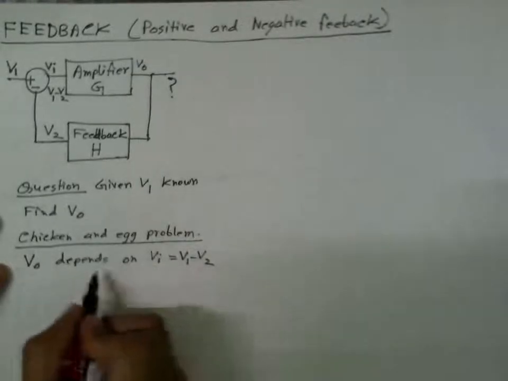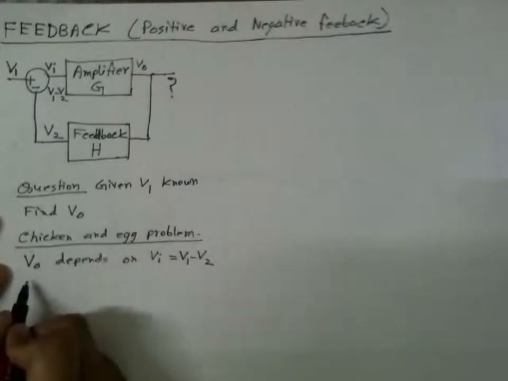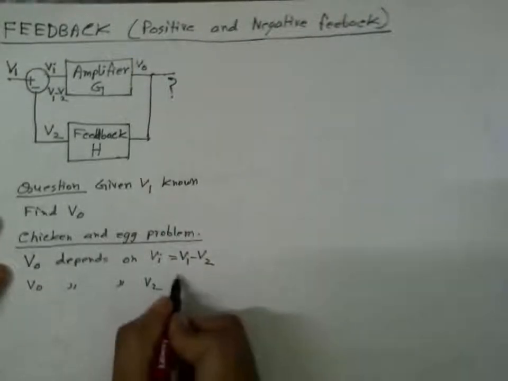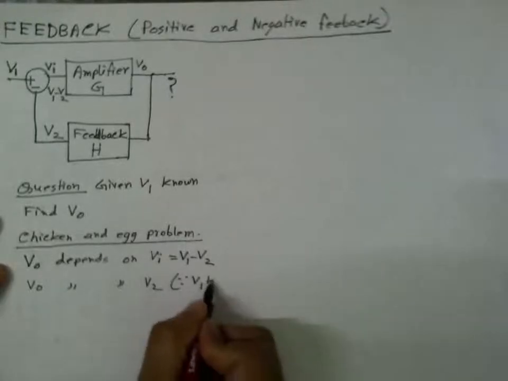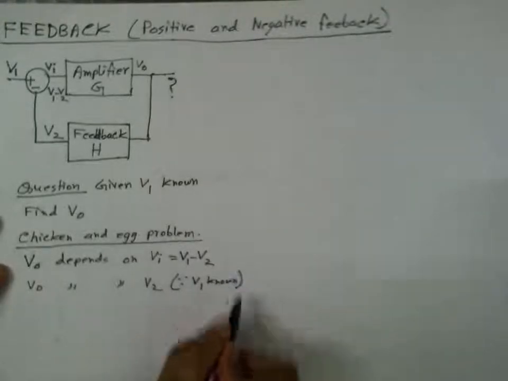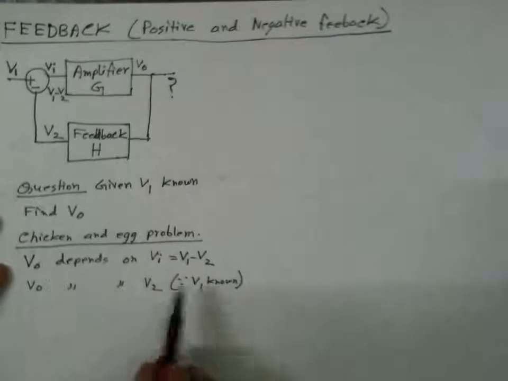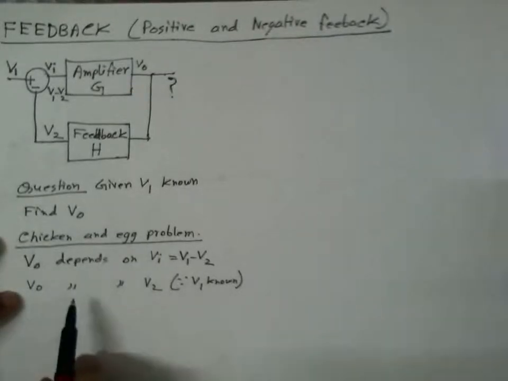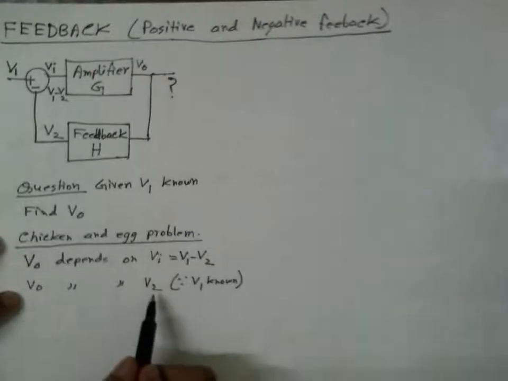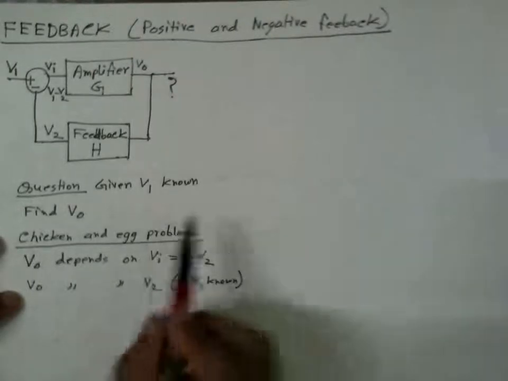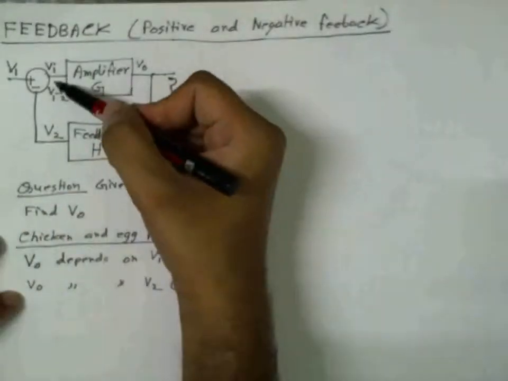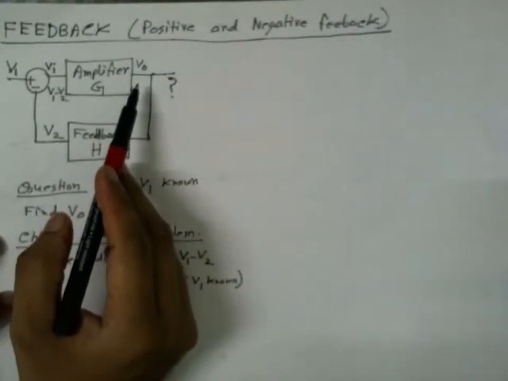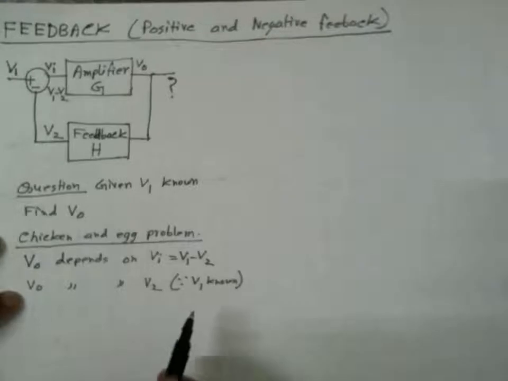Now V1 is known, so that means Vo depends on V2, since V1 is known or given, right? So if I tell you the value of V2, you can immediately find the difference V1 minus V2, and then you can find the value of Vo.